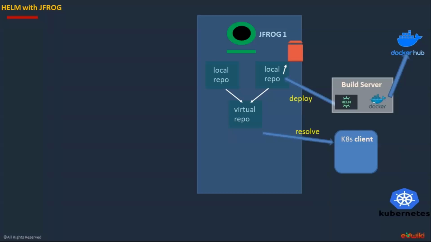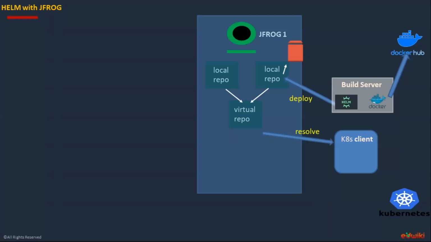So that way, when you are trying to download the Helm chart, which is technically called resolving the Helm chart, resolving in the sense of downloading, you ask the virtual repo, hey, virtual repo, can you give me this Helm chart? It's the virtual repo's responsibility now to go and search in all the corresponding local repositories. Wherever it can find the Helm chart, it will get it for you and give it to you.